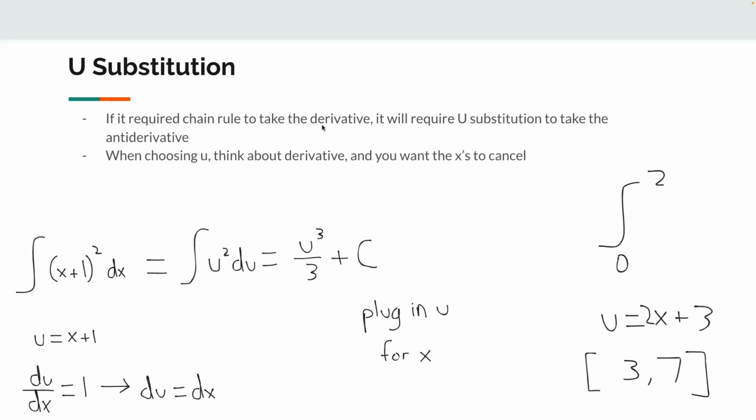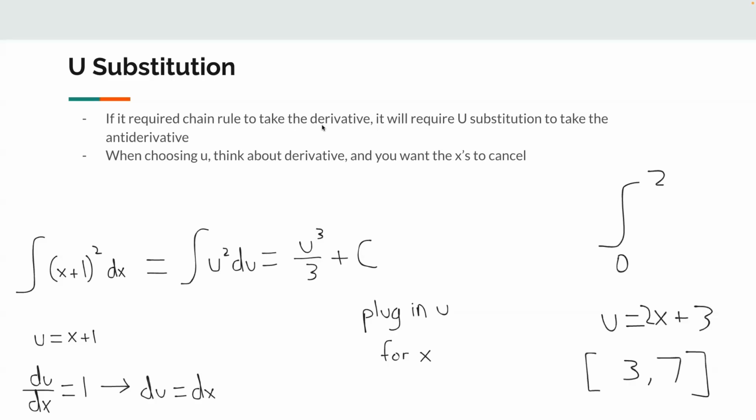Also note that if it's a definite integral and we want to find a value over a certain range, like 0 to 2, for example, then if we do u-sub and we get it all in u's, we can do two things. We can replace all the u's back to x's and use the interval we got, 0 to 2, or we can keep it in u's and then convert the x's in the limits to u's.